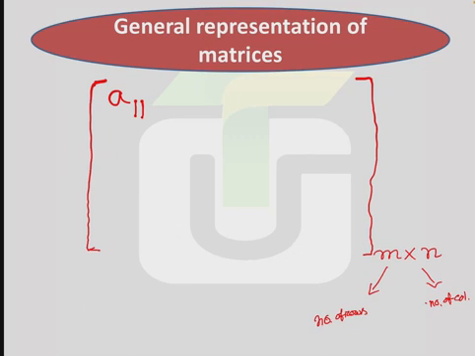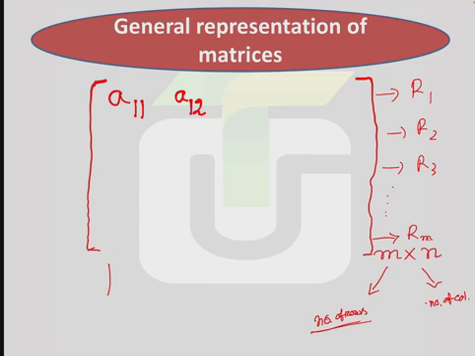Therefore A11, right? The next one is row number 1 but column number 2. Suppose the rows are R1, R2, R3 up to Rm, because number of rows is m, and the columns are C1, C2, C3 up to Cn.